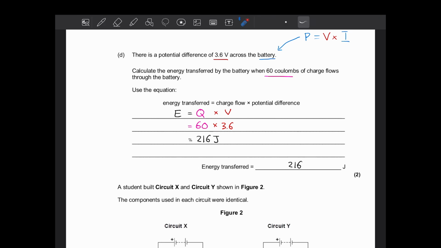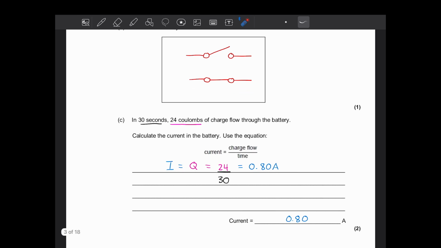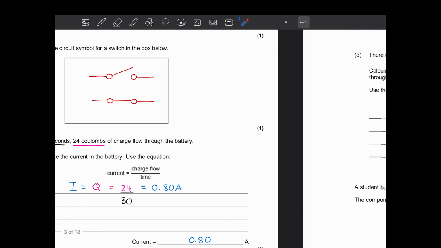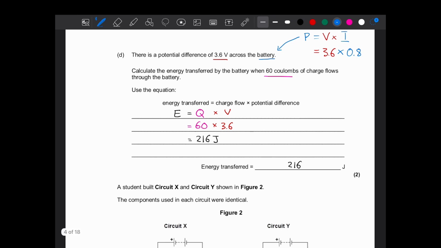The question has given us a value for potential difference of 3.6, and on the previous page it has given us a value for current, which we calculated, of 0.8 amps. So putting both of those into this equation, we've got 3.6 multiplied by 0.8 from the previous page, and when you multiply those together, you get 2.88 watts.